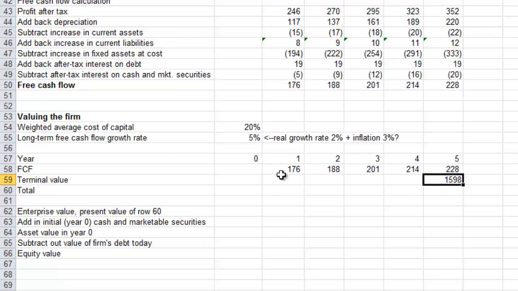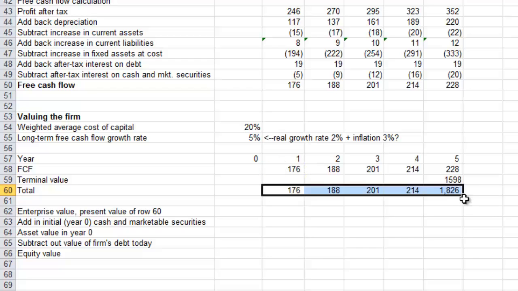And so the total value of the firm then would be the sum of the current year free cash flows and the terminal year, and we get 1826 for the year 5 total value of the firm.